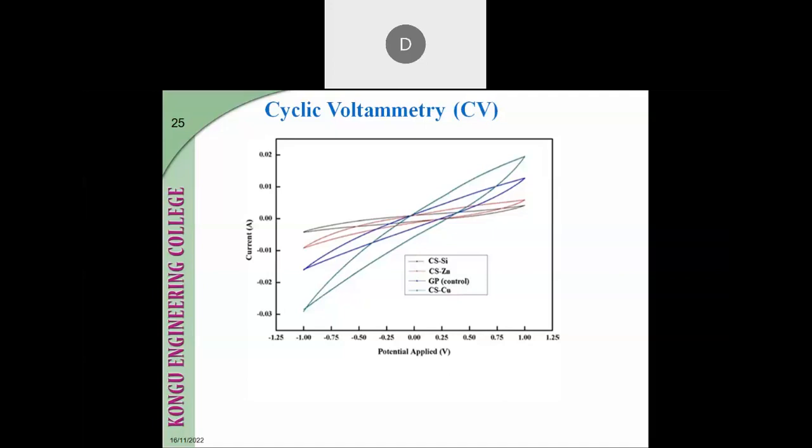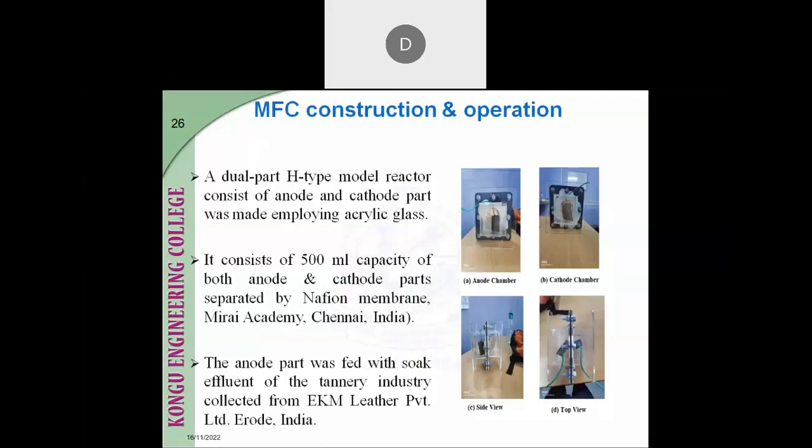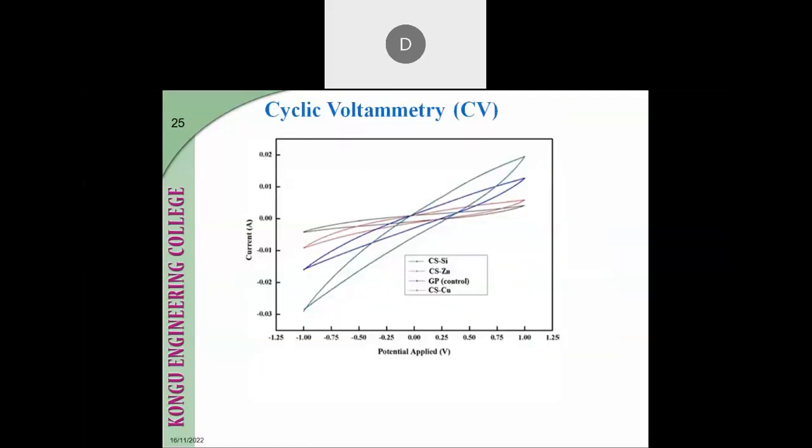So the metal electrochemical activity was discovered to improve whenever you mix the carbon mesh along with the metals. This type of electrode modification enhances the performance of the MFC. So this is the CV analysis.